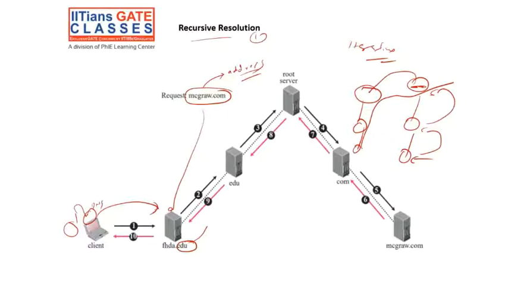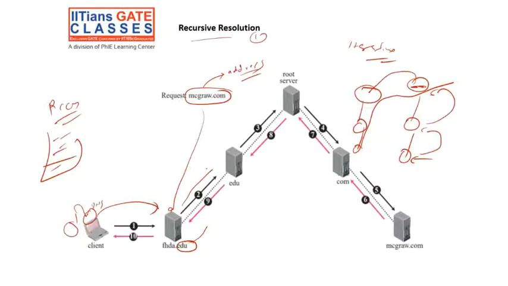Similarly, if you see, the request will go recursively. Why am I calling it recursive? Where we started, we have to come back there. That is the meaning of recursive, right? You know, recursive programming, in the stack, all recursion is there, right?